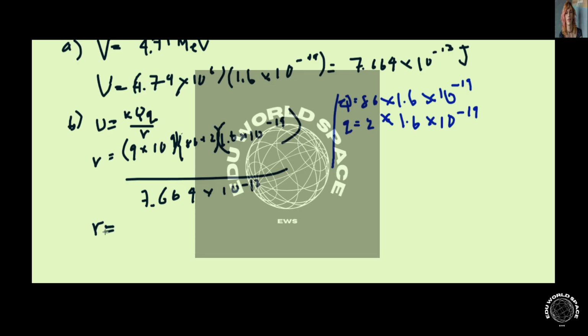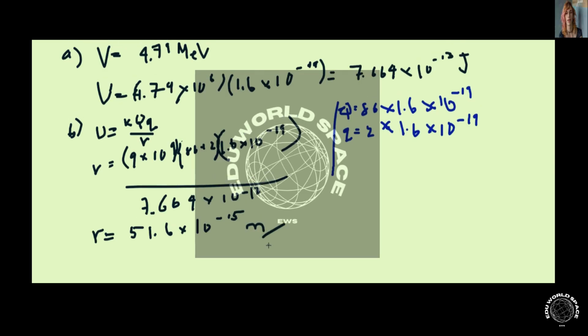If we compute this in our calculator, we get that the radius is equal to 51.6 times 10 to the negative 15 meters. And that's it for this question.